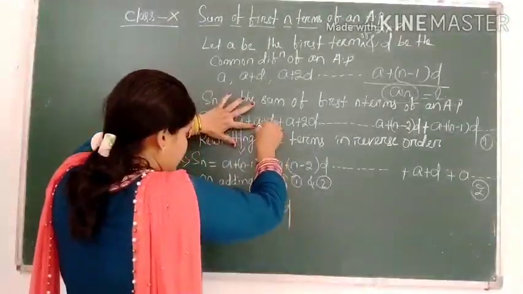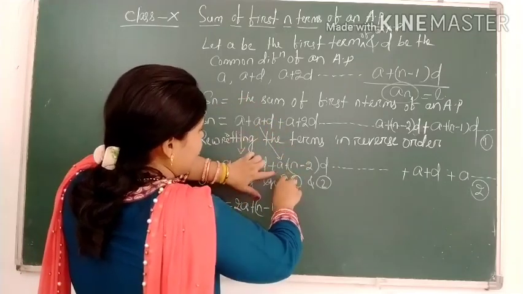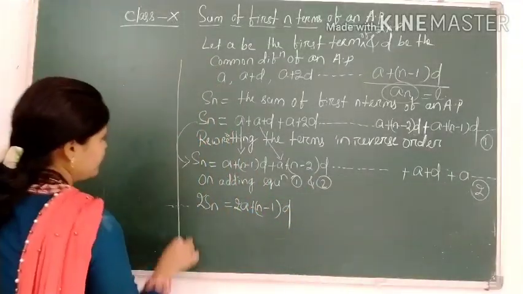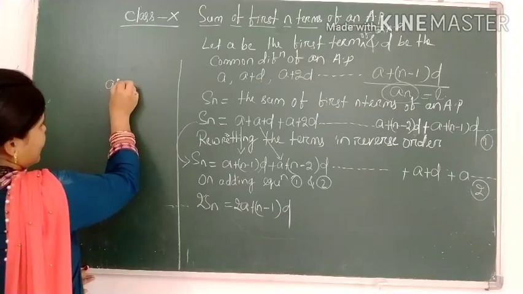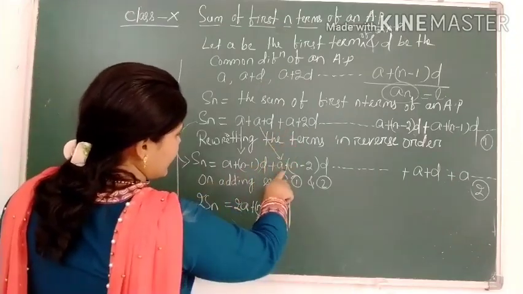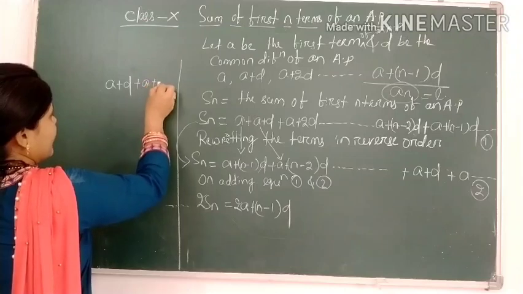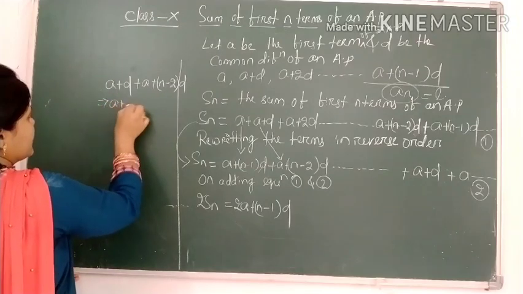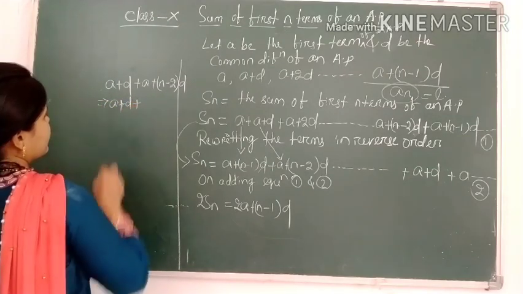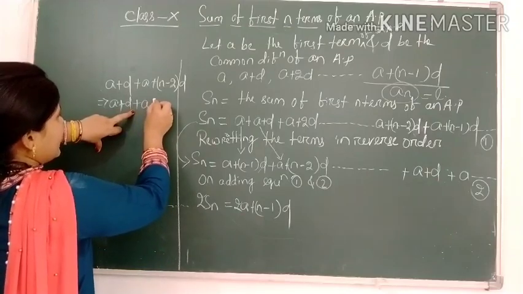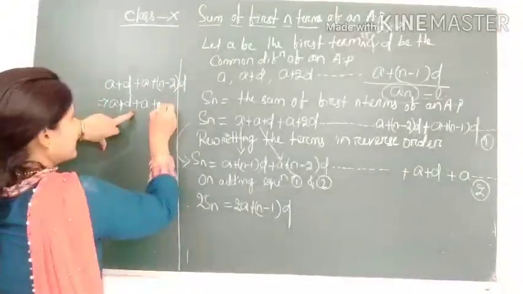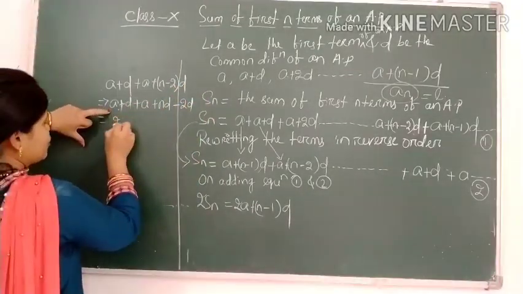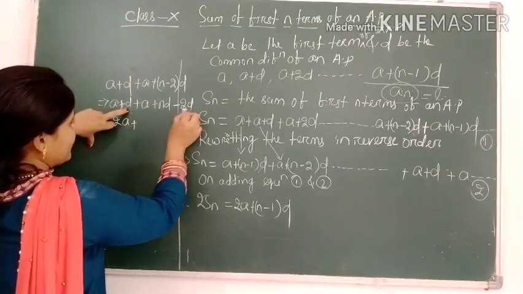Then I have to add A plus D with A plus n minus 2 into D. So look at here. I have to add A plus D with A plus n minus 2 into D. So A plus D as it is, A plus n will multiply with D and D minus 2D. So 2A, see here, plus D minus 2D.